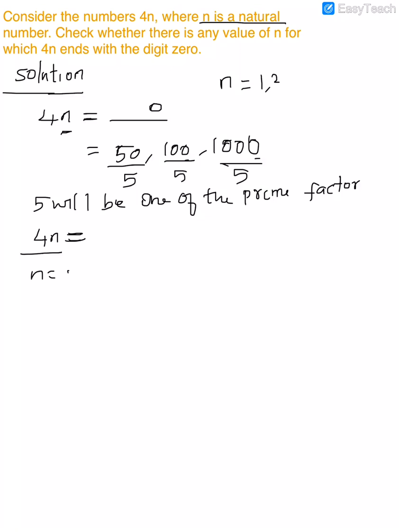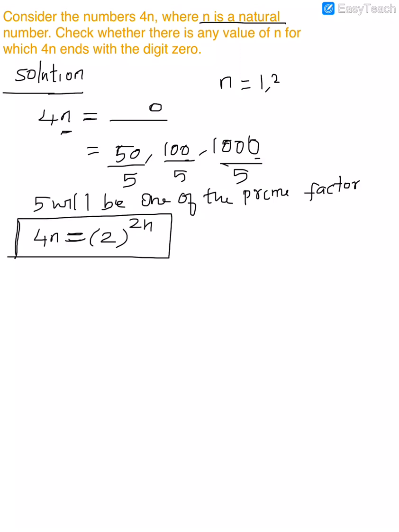So first, what are we going to check? Whether 4^n has the prime factor 5 or not. This is what we are going to check first. I want to split 4^n like this. 4^n is the same as (2^2)^n, so we can write 4^n as 2 to the power 2n.